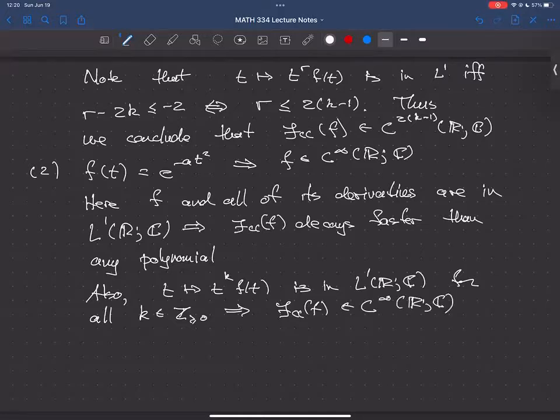Okay, but we knew that already, because we calculated that the CCFT is a Gaussian. And so we know that a Gaussian decays faster than any polynomial, and it's infinitely differentiable. Okay, so that's at least consistent with the direct computation that you do with F.